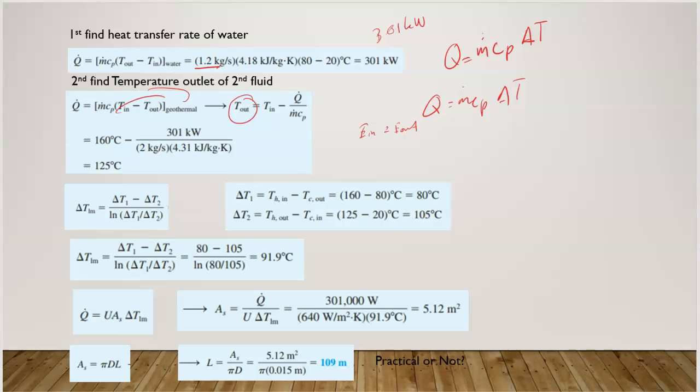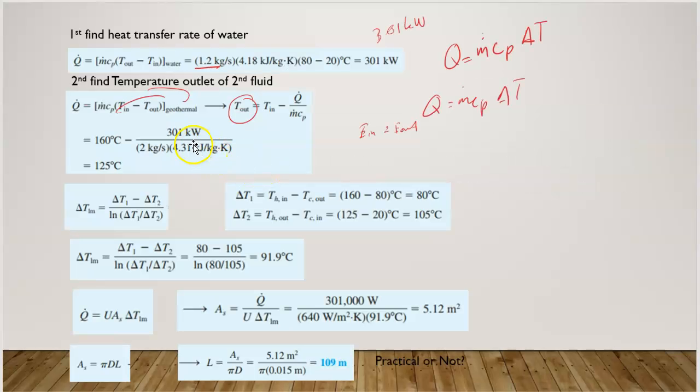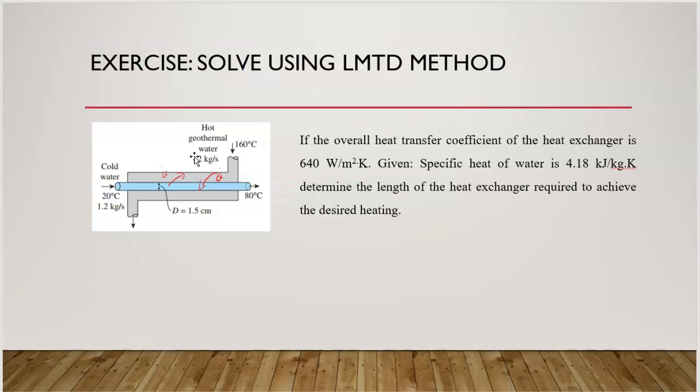And then we have 160 minus 300 K over 2 kilograms per second, given, 2 kilogram per second, and then over 4.31. It's not been given here.